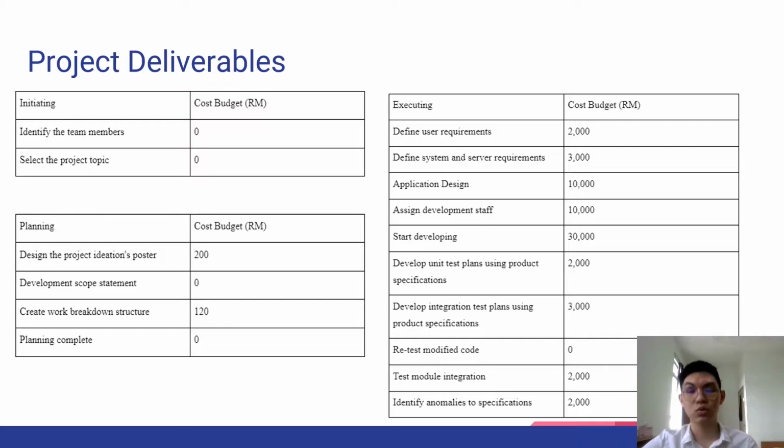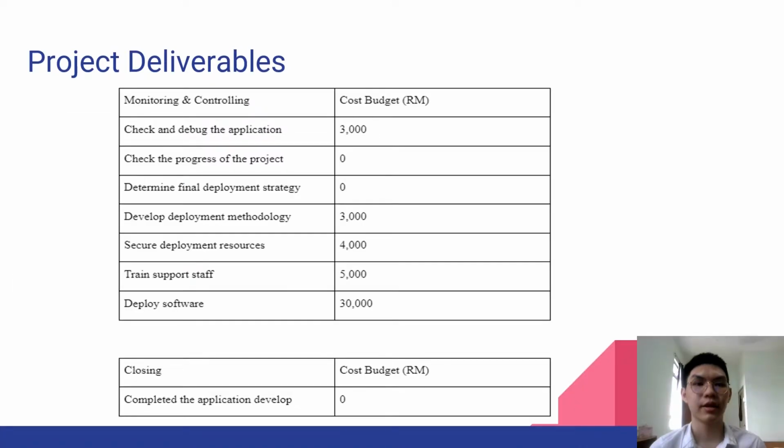We also use 2,000 ringgit for testing module integration and for identifying anomalies to specification. For the monitoring and controlling stage, we estimate we can use 3,000 for checking and debugging the application and the deployment methodology, 4,000 used in securing deployment resources, and 5,000 used in training support staff.